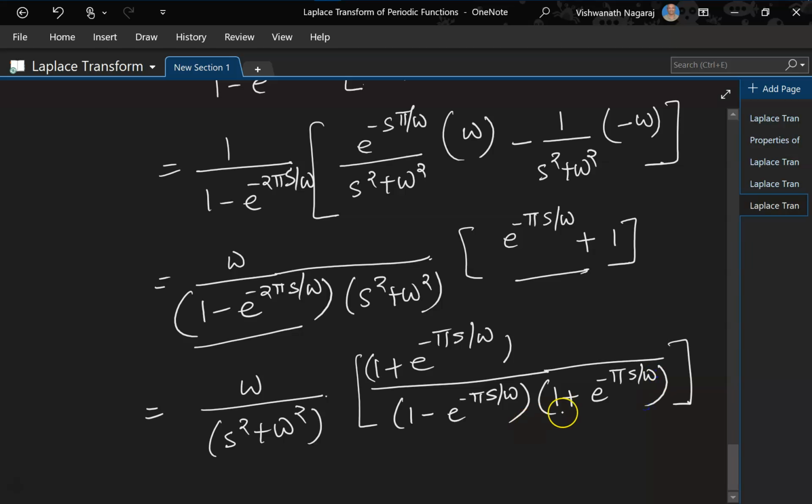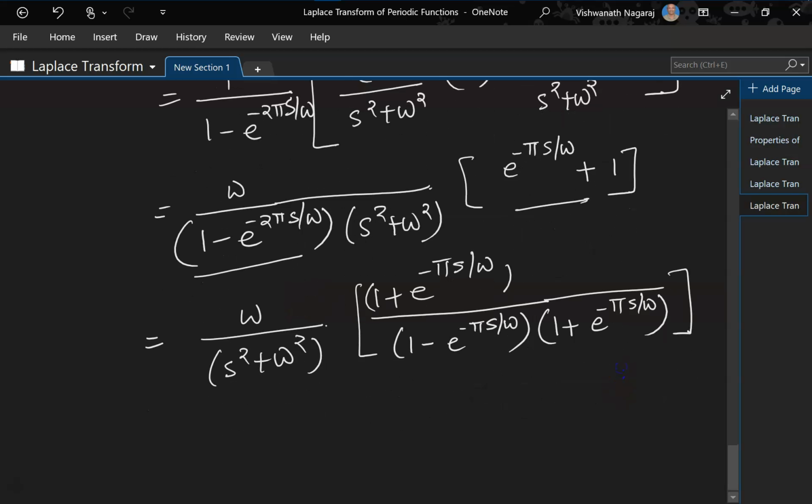Let's multiply: this is a minus b times a plus b, which is a square minus b square. So a square is 1, minus the square of e to the power of minus pi s by omega, which is minus 2 pi s by omega.